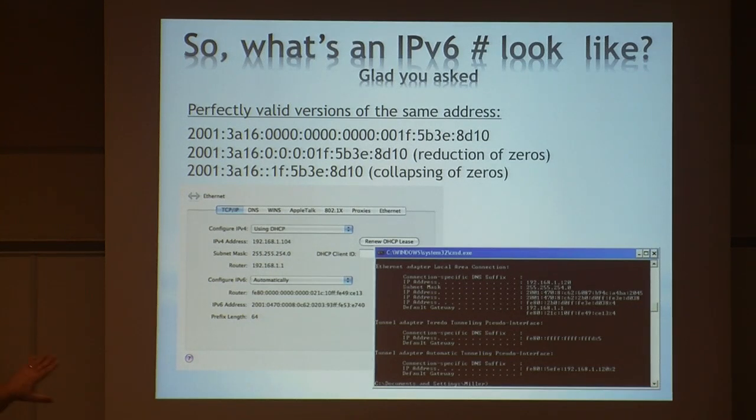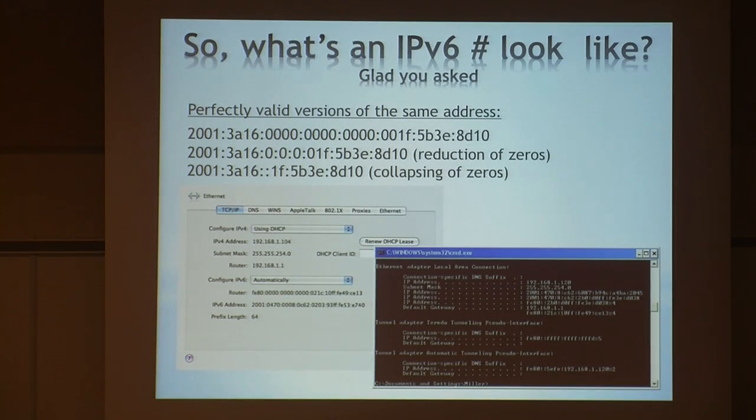So if you take a look at the first line, that's a full address. If you take a look at the second, you can have a reduction of zeros, and it's perfectly legal in IPv6, that if you have a group of zeros all together, just put a single 0 in there and collapse it. It's still a perfectly valid address, and it's still the same address.